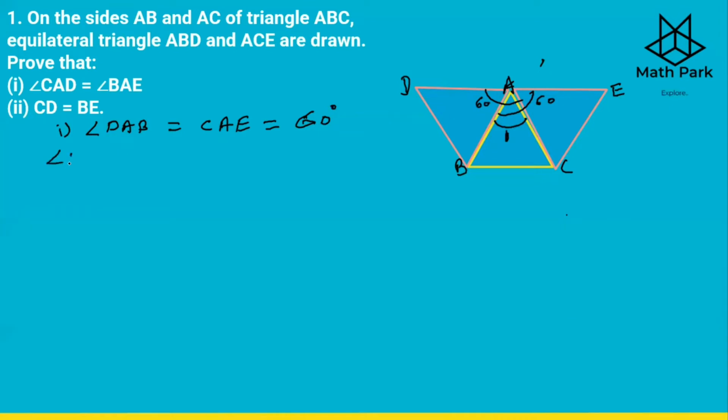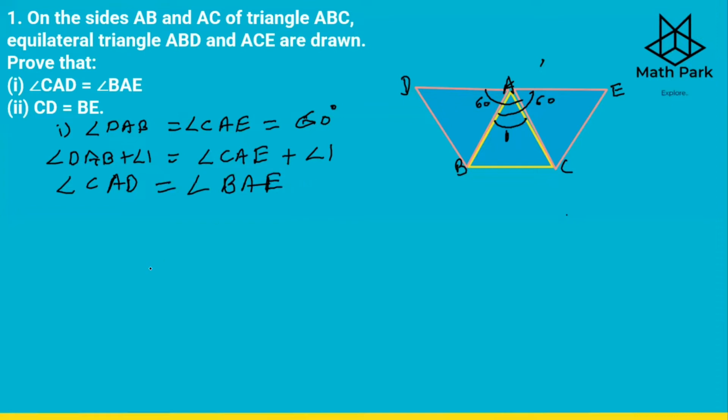So we get angle DAB plus angle 1 is equal to angle CAE plus angle 1. Now this angle 1 plus this is nothing but angle CAD is equal to angle BAE. Got it? So we have proved the first part of this.